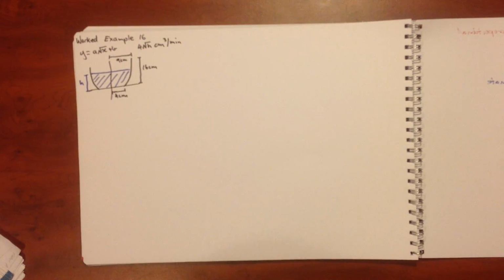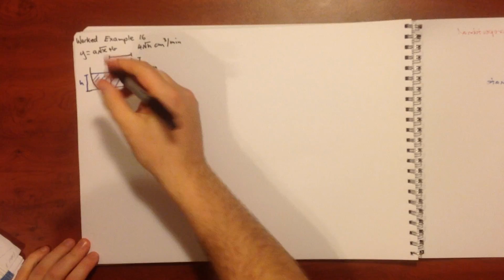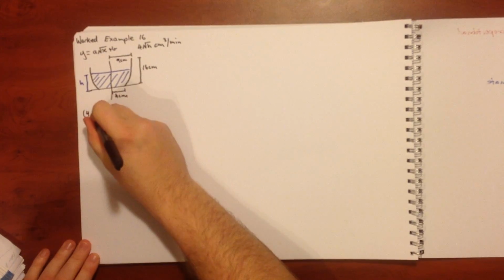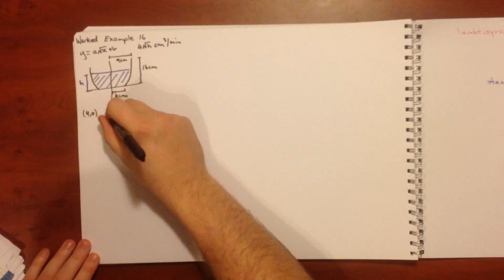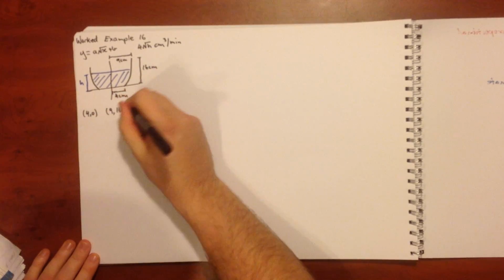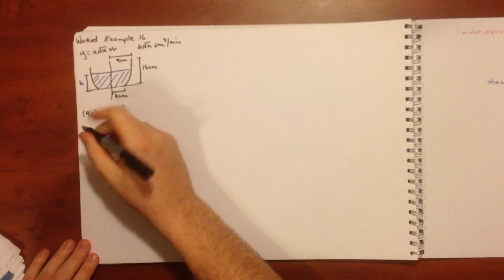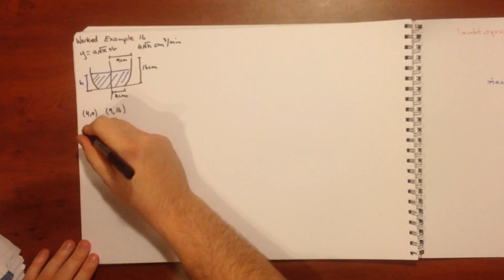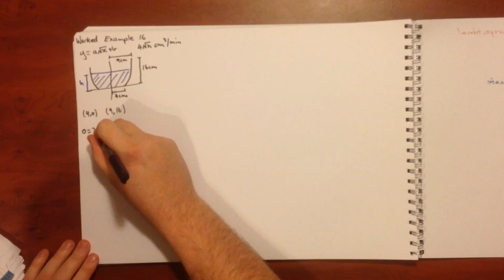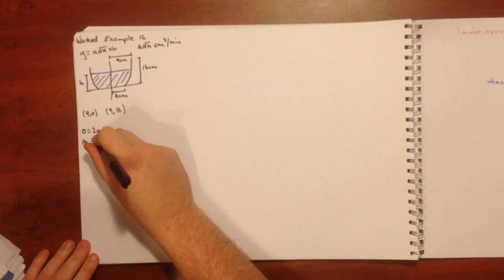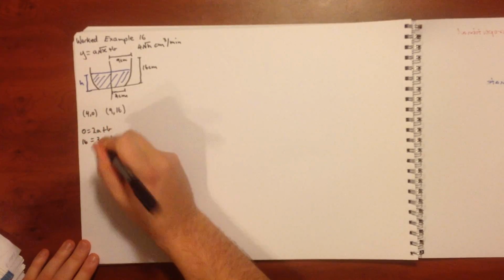We know this curve passes through the point (4, 0) and also through the point (9, 16). So we sub 4 and 0 into our equation and get 0 equals 2a plus b. We also get 16 equals 3a plus b.